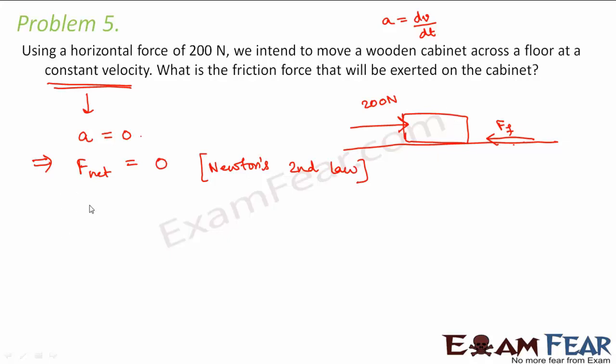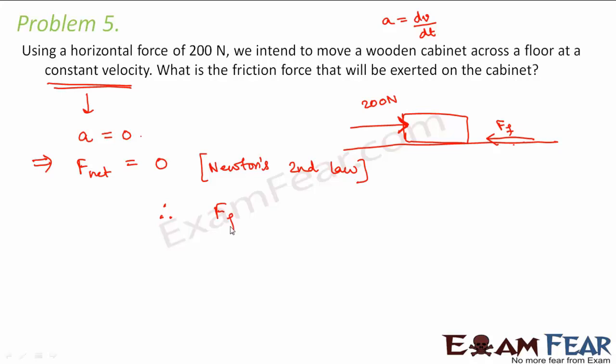Now when will the net force be equal to 0? When for this force there will be another equal and opposite force acting. Now from Newton's third law we know that equal and opposite forces exist. For every action there is an equal and opposite reaction. So this frictional force has to be equal in magnitude to this force.